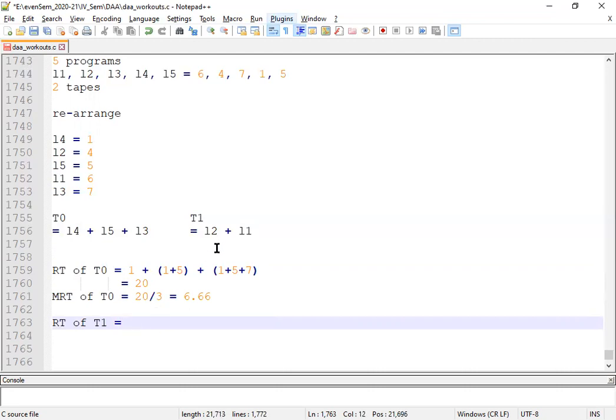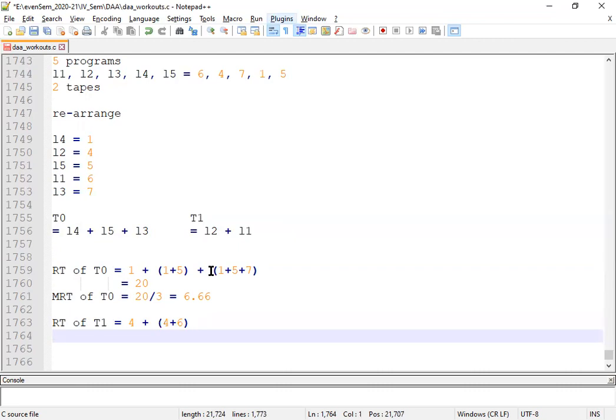So that is going to be what? L2 plus L1. So L2 is what? 4. We get it as 4 plus, next one is L1. L1 value is what? In order to access L1, first we need to go through L2 first. That is going to be again 4 plus 6. Right?